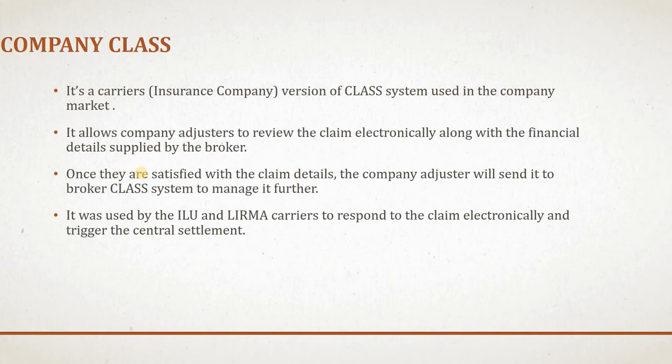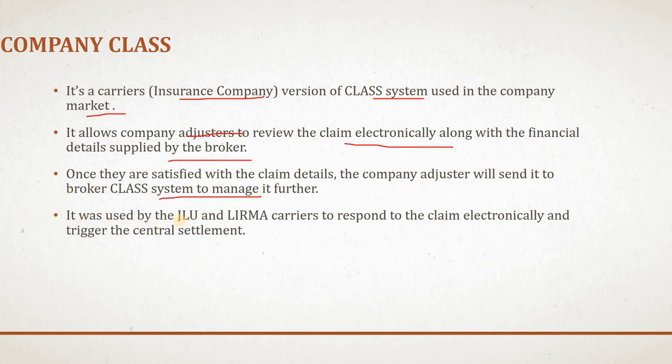Now the company CLASS system is the carrier or insurance company version of CLASS used in the company market. It allows the company adjuster to review the claim electronically along with the financial details supplied by the broker. Once they are satisfied with the claim detail, the company adjuster will send it to the broker CLASS system to manage it further.